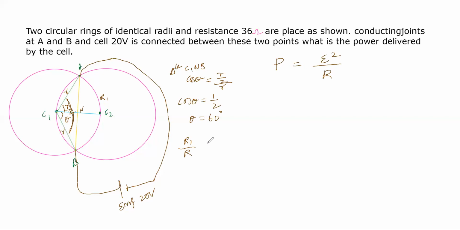The angle subtended by R1 is 120 degree, total angle is 360 degree. So R1 is 120 by 360, which is 1 by 3. R is 36 given, so 36 by 3, R1 is equal to 12 ohm.